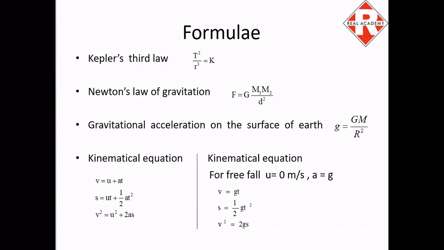Then we saw potential energy. We saw that the potential energy formula mgh cannot be applied everywhere. So as a result, we apply the formula of potential energy, that is minus GM upon r plus h.